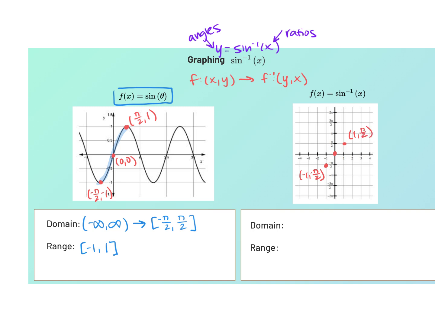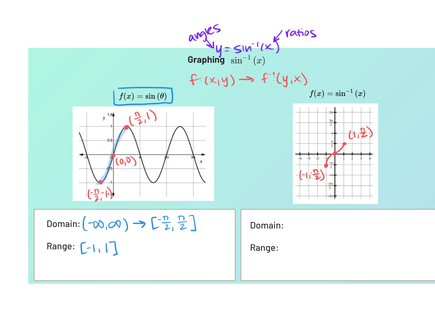Okay? It's important that when we connect these points, we do not have a straight line. We keep that concavity. You can imagine that your sine wave is now going to oscillate up and down through the y-axis rather than the x-axis. Okay, there's our inverse sine wave.